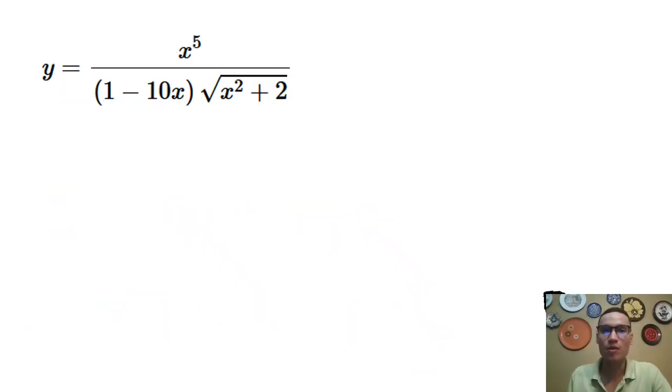Now, to solve this problem, we could use the quotient rule, but it would be a little bit longer. So let's use logarithmic differentiation. Again, we have the natural logarithm of y is equal to the natural logarithm of x to the power of 5 divided by 1 minus 10x, times the square root of x squared plus 2.